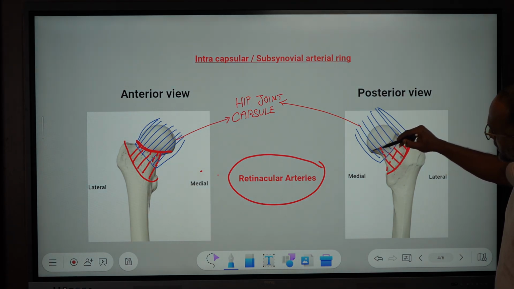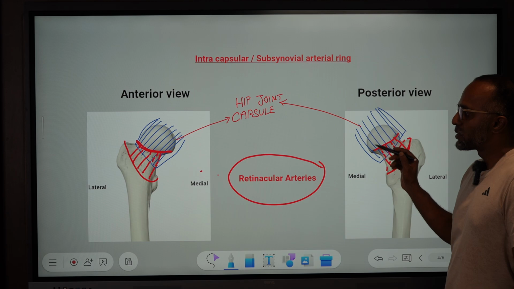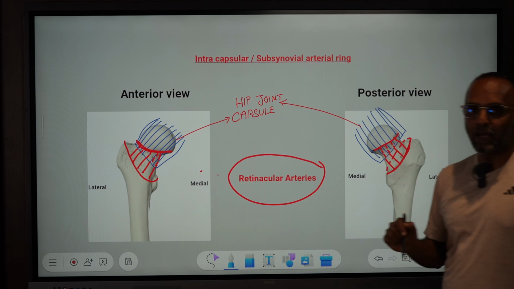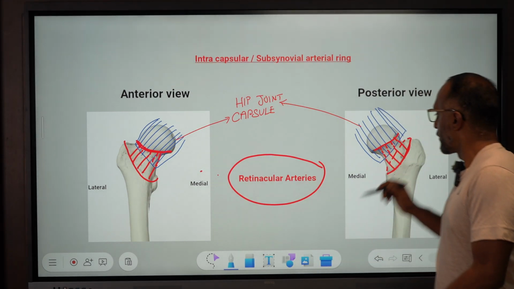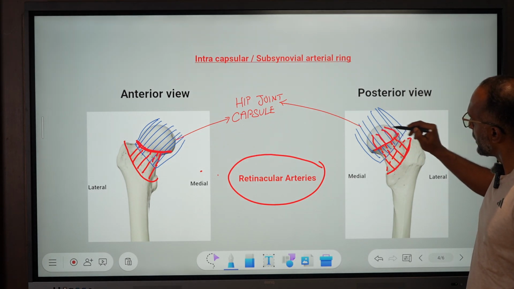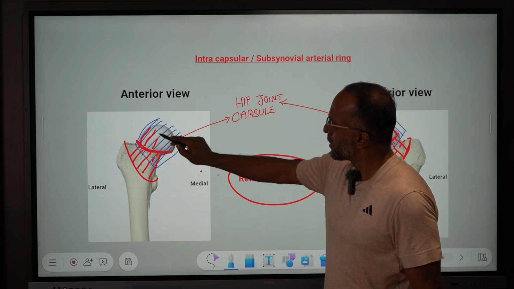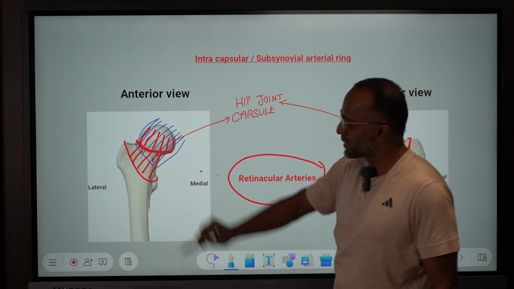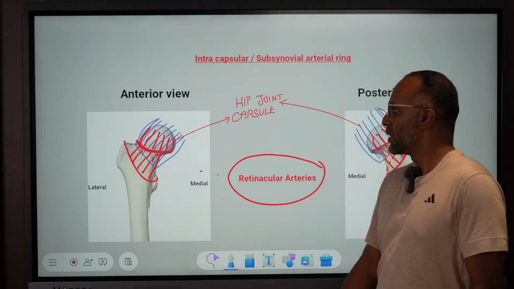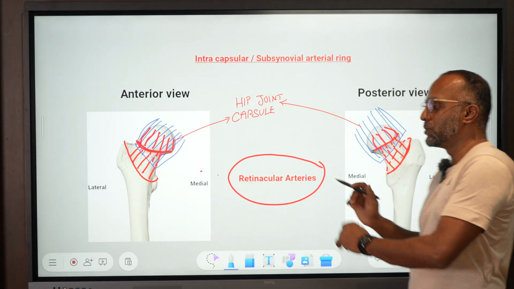Within the synovium, these are called retinacular arteries, and these together form the intra-capsular or subsynovial arterial ring. From here, the blood vessels supply the head of the femur. From this intra-capsular ring, multiple branches supply various parts of the head of the femur. So this is the main point you have to remember.